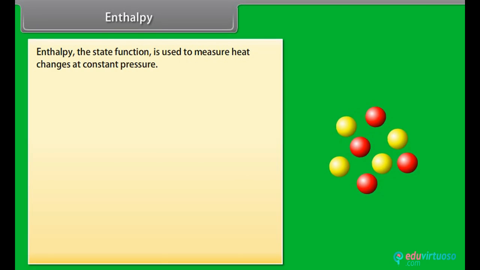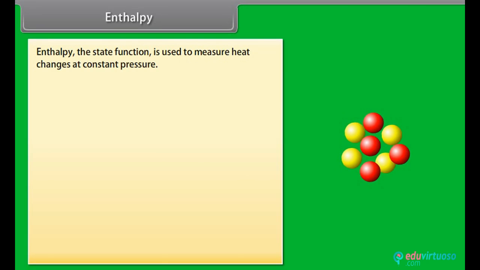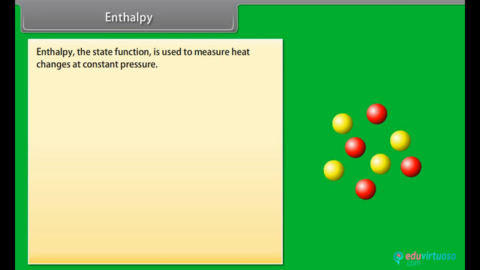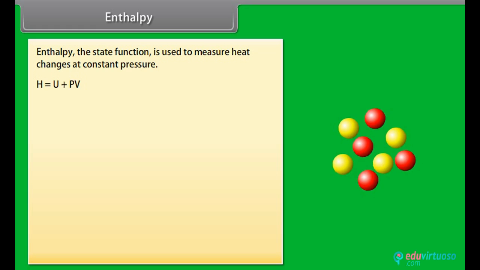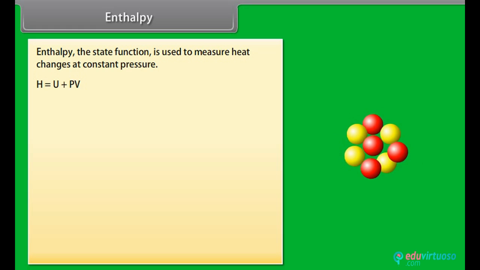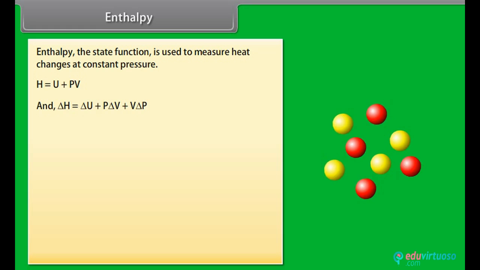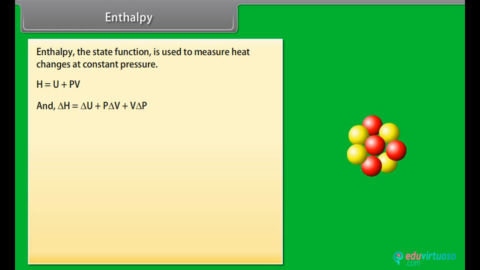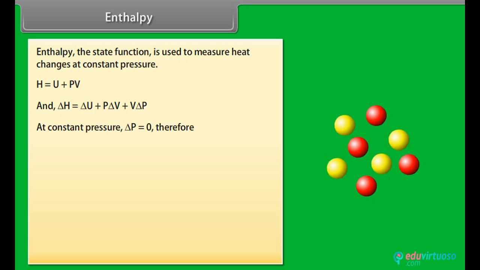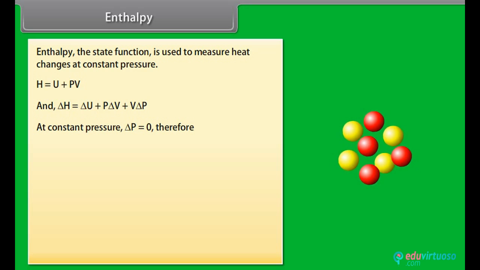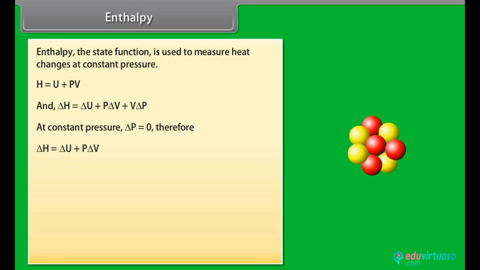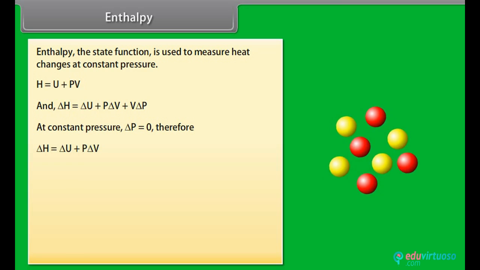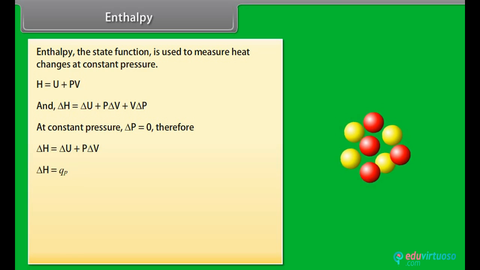Enthalpy. Enthalpy, the state function, is used to measure heat changes at constant pressure. H equals U plus PV. And delta H equals delta U plus P delta V plus V delta P. At constant pressure, delta P equals 0, therefore delta H equals delta U plus P delta V. This equation can be written as delta H equals QP.